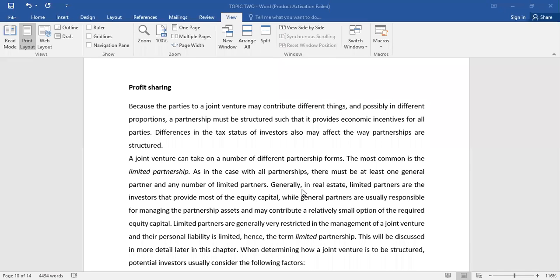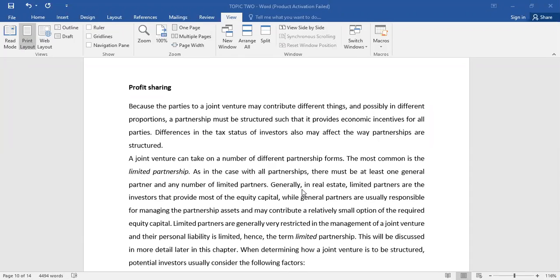So a JV can take a number of different partnership forms, and the most common one is a limited partnership. In this case, all the partners must at least have one general partner, and then we have the limited. In real estate, the limited partners are the investors. So they'll be providing most of the equity, while the general partners will be responsible for managing the partnership assets.